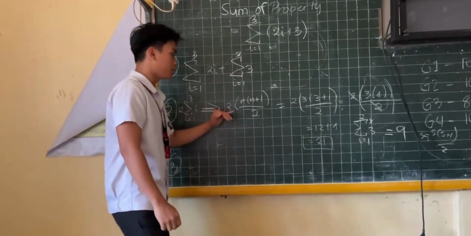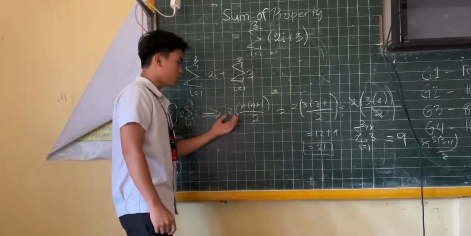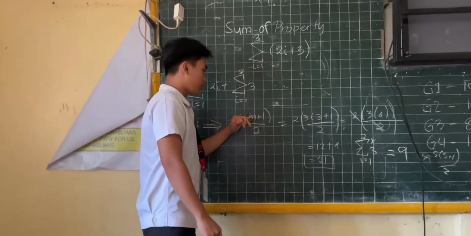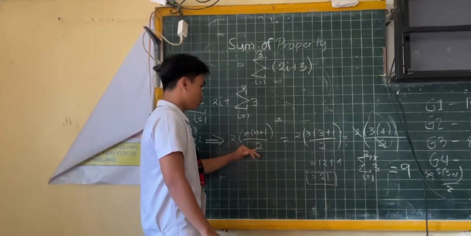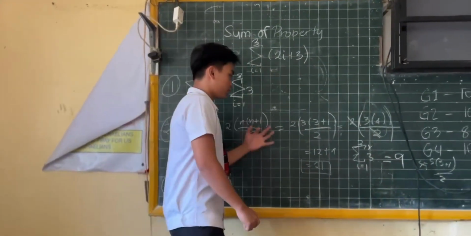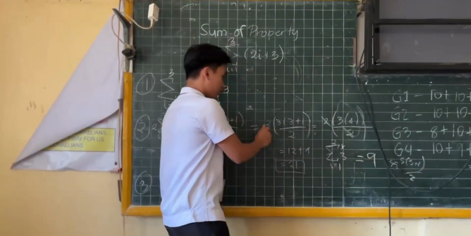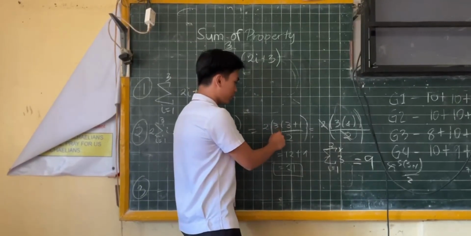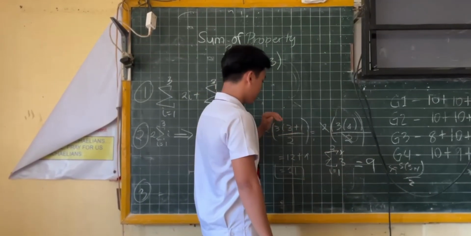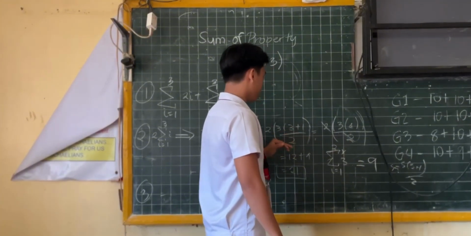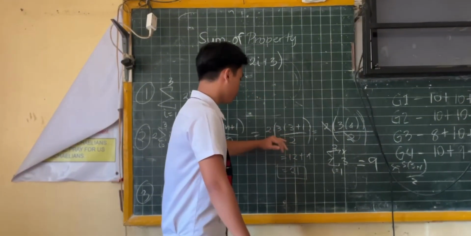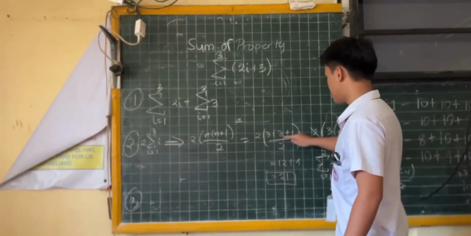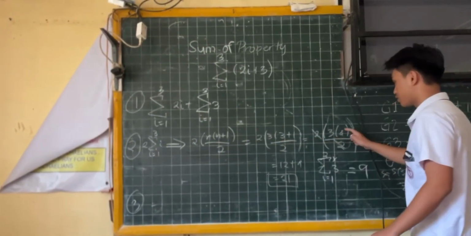Next we need to use the formula n times (n plus 1) over 2. So we need to transpose the 2 and the quantity 3 plus 1 over 2. Next we need to add this first and the result is 4.